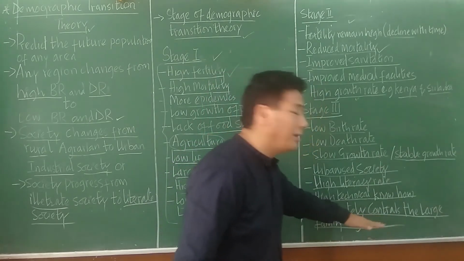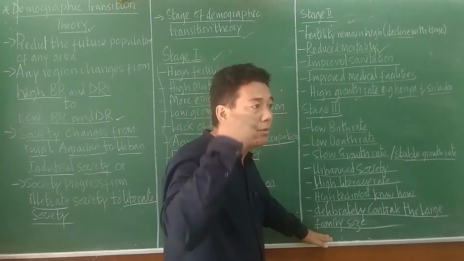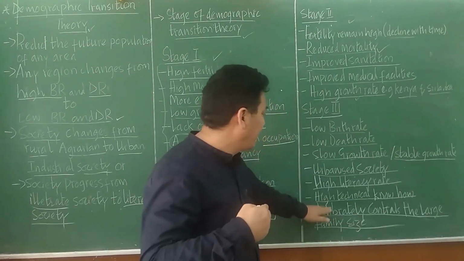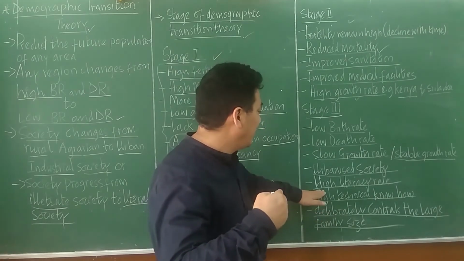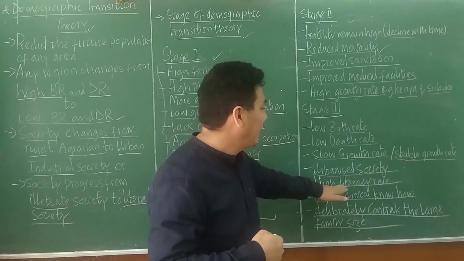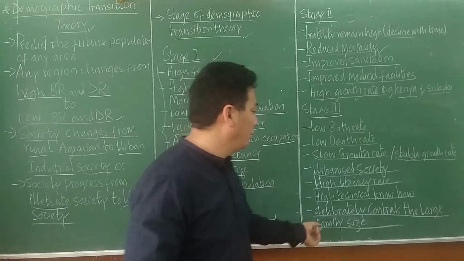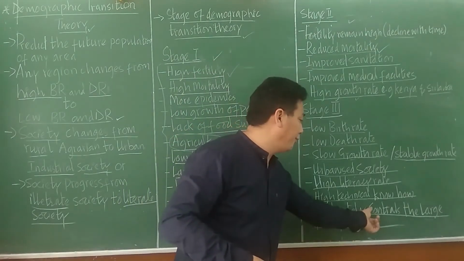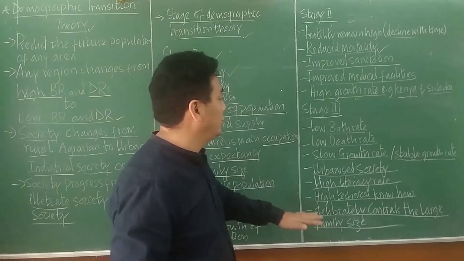That means these people are going with family planning, high technological use, in that society, high literacy rate. Whenever there is a higher literacy rate, you will obviously plan for birth control.